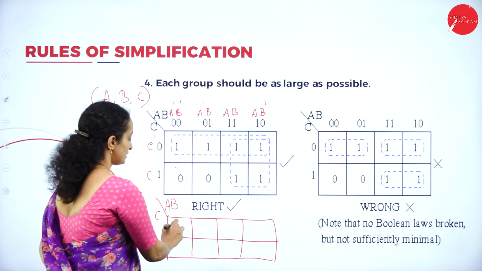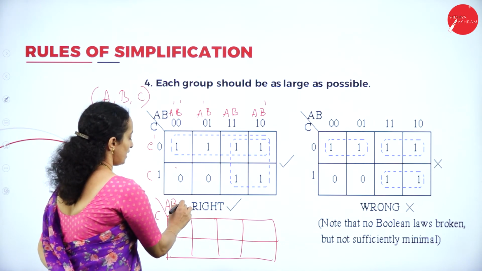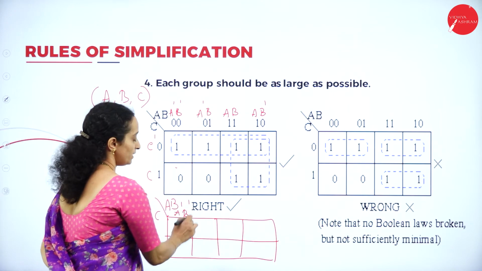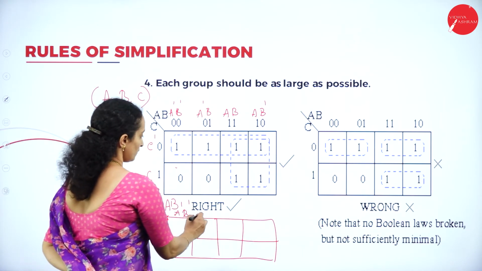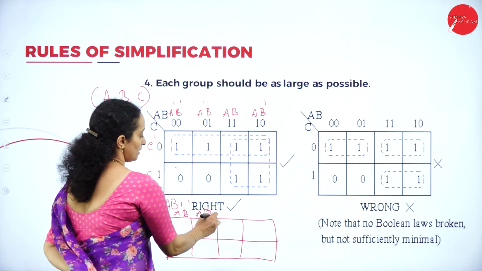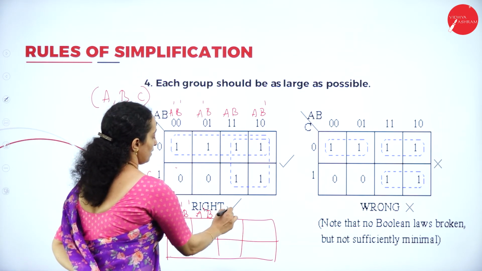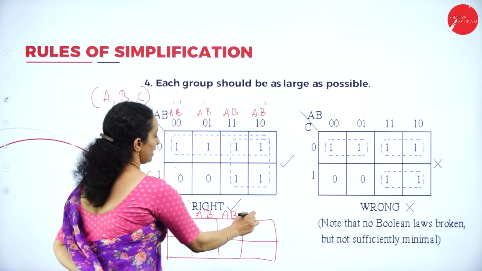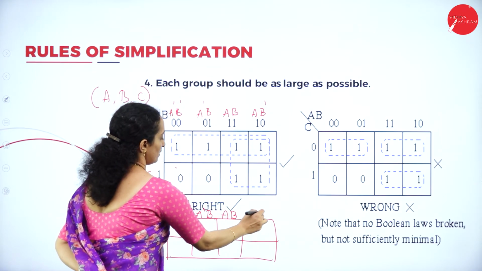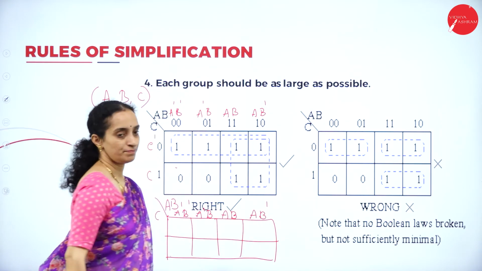So, this cell will have A dash, B dash, A dash, B, AB, A, B dash.